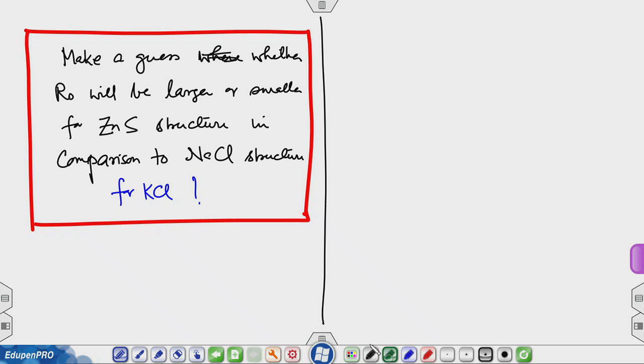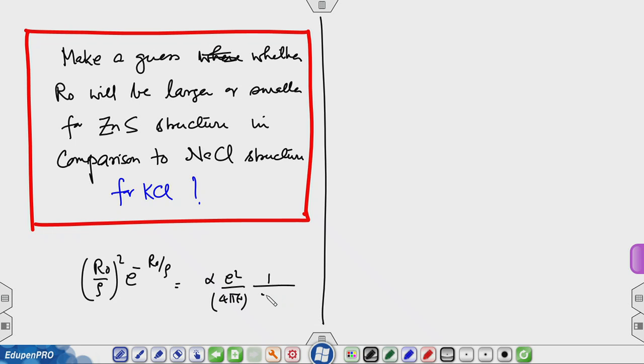So, if you look at this equation, R naught over rho square e raised to minus R naught over rho equals alpha e square over 4 pi epsilon 0 times 1 over z lambda rho, and we will calculate this for R naught over rho.